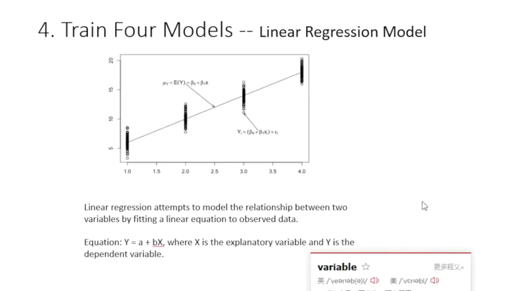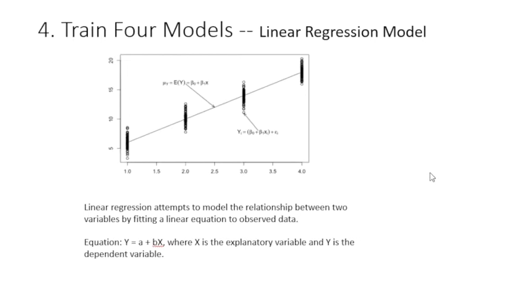The first model is a linear regression model. As we can see in this figure, linear regression attempts to model the relationship between 2 variables by fitting a linear equation to observed data.